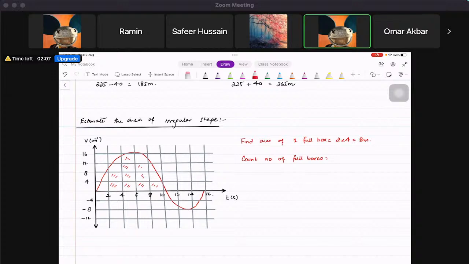So there are 10 full boxes, and then I'm gonna count the number of half boxes. So half are those which are partially or cut like this. So 1, 2, 3, 4, 5. I'm gonna include this one as well. 6, 7, 8. So it should be on the best of your judgment, basically. So it's 8. Now you might be wondering why I have taken this small box.